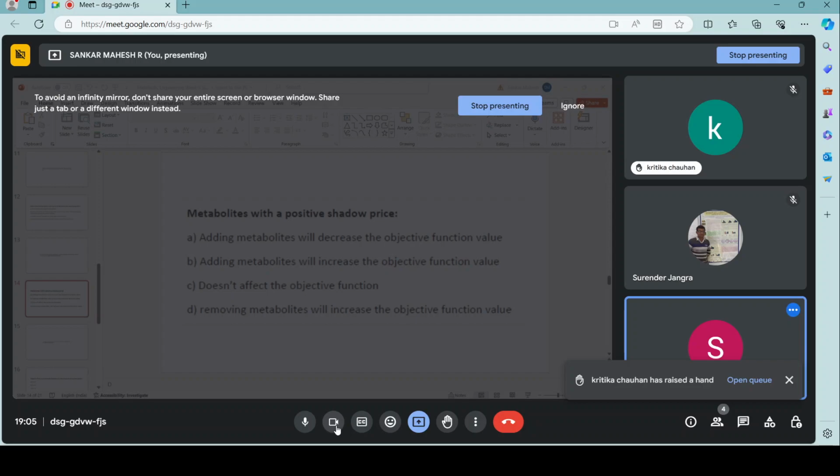Yeah, Kritika, you can first share what you understand about shadow price. We'll take it from there.